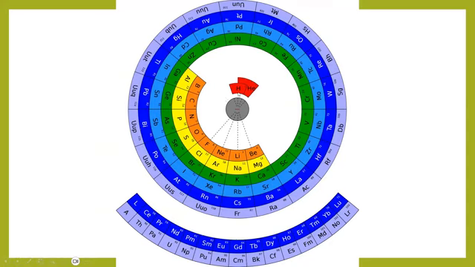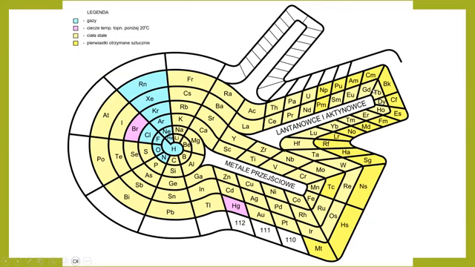This one starts up in hydrogen here, helium, lithium, beryllium, goes round, boron, carbon, nitrogen, oxygen, neon, sodium, magnesium, aluminium, following the yellow band. This is because this is a model for producing a cone-shaped periodic table. This one, oh my gosh, what? Hydrogen, helium, lithium, beryllium. Look, it's a spiral.